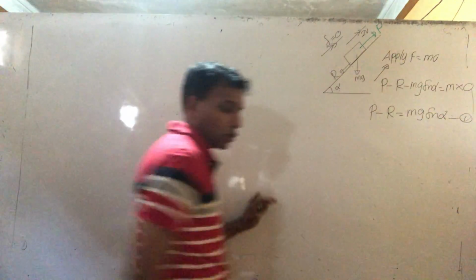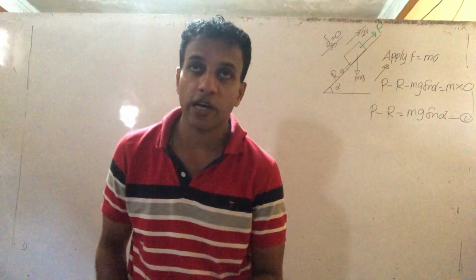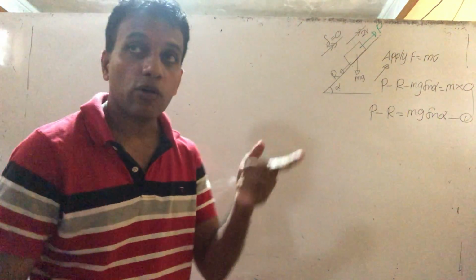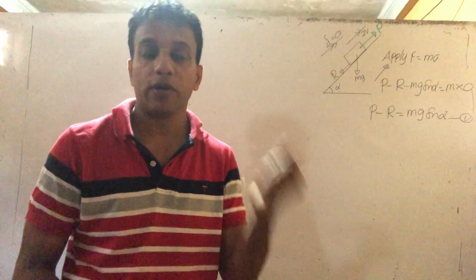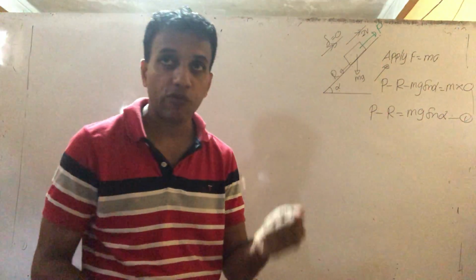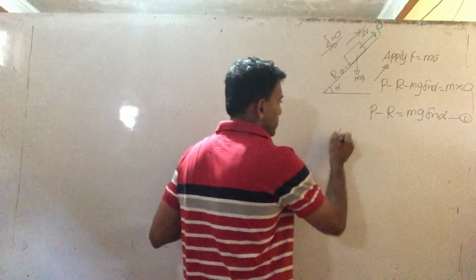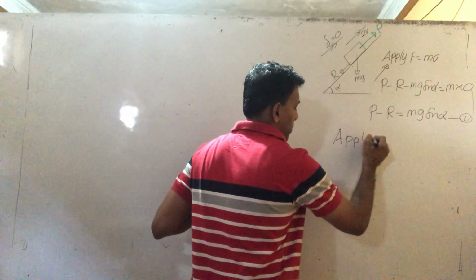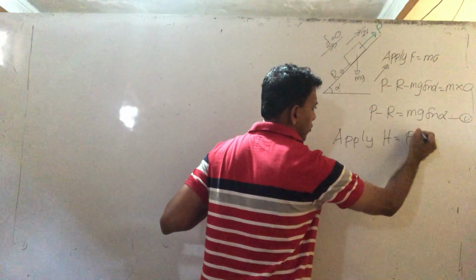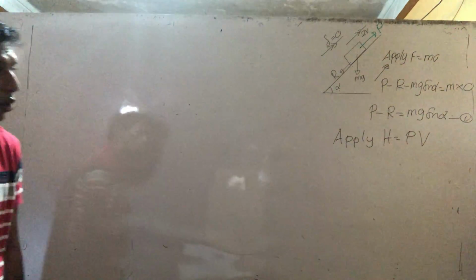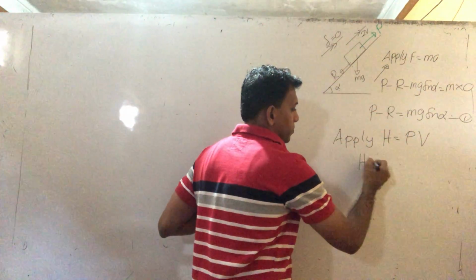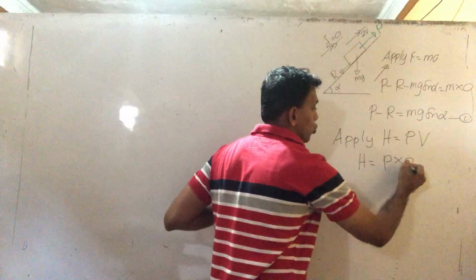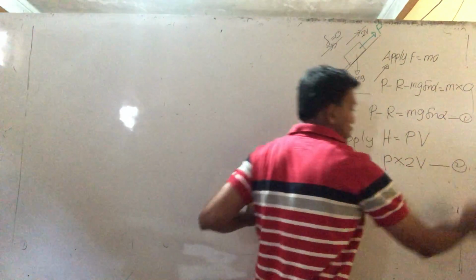I call this my first equation. P is unknown, so better to complete the P answer. Now our best formula for this lesson is power equals tractive force times velocity. Next you apply H equals PV. What they said is H, and P with velocity 2V, is the second equation.